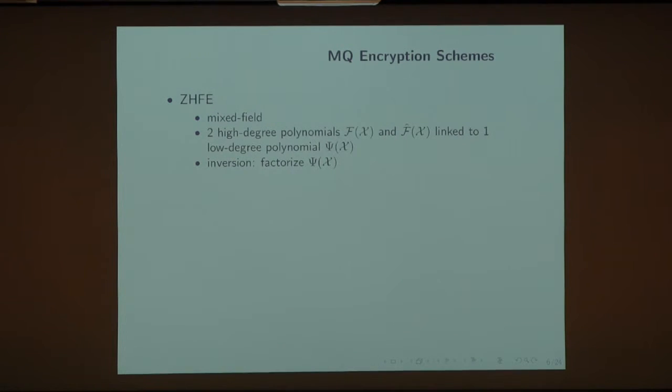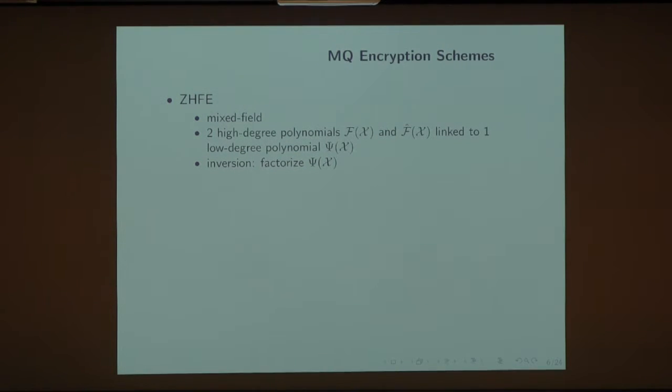So the first encryption scheme is ZHFE, and the idea is instead of one polynomial over the extension field, there are two polynomials over the extension field. And both polynomials have a very high degree, but there exists a third polynomial, psi of x, which is a function of the first two.